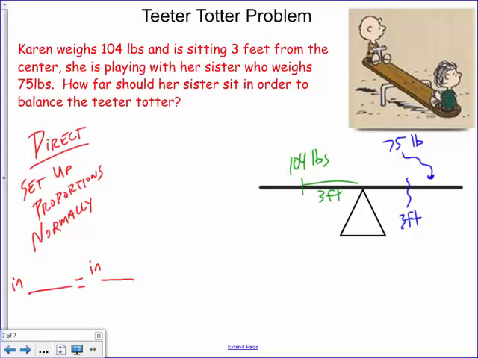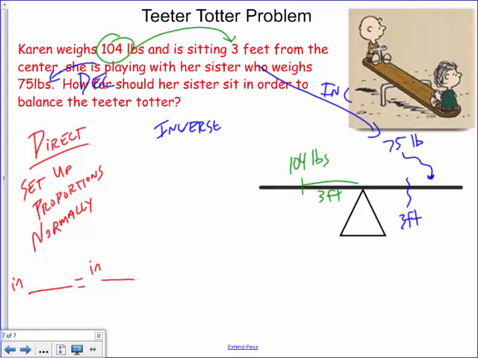Okay, well in this case, let's see, is this direct or inverse? So let's think. If Karen's 104 pounds and she's 3 feet away and we decrease weight, so we're decreasing in weight, what are we doing in distance? Looks like we are increasing in distance, right? So this is inverse. So this is kind of scary.